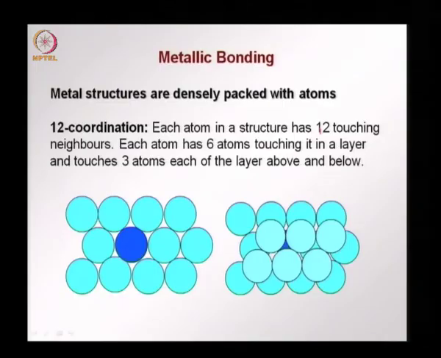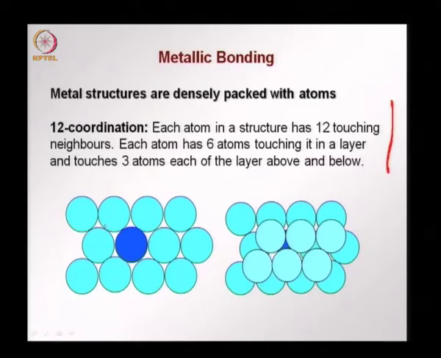Now, we can have different configurations. What we saw in the previous slide is that the positively charged ions have to be packed together to give the crystal configuration. This packing together can occur in different ways, and one such is what is called the 12 coordination, where each atom has 12 neighbors touching.